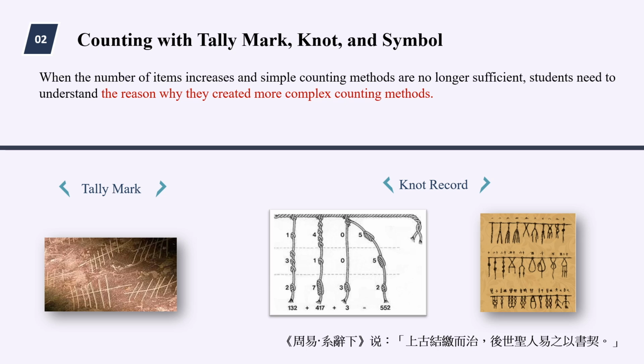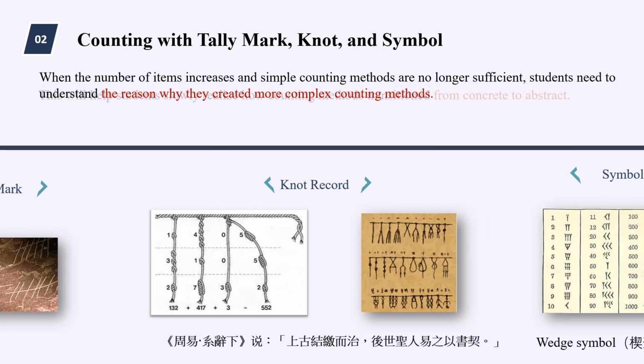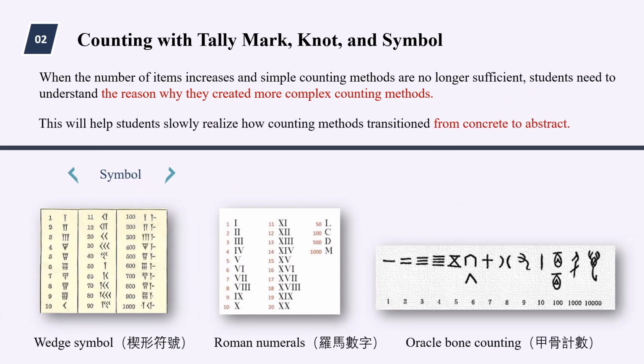We start with tally marks, then we move to notes on strings, explaining how different regions have different systems. Finally, we show how counting methods evolved from concrete to abstract.